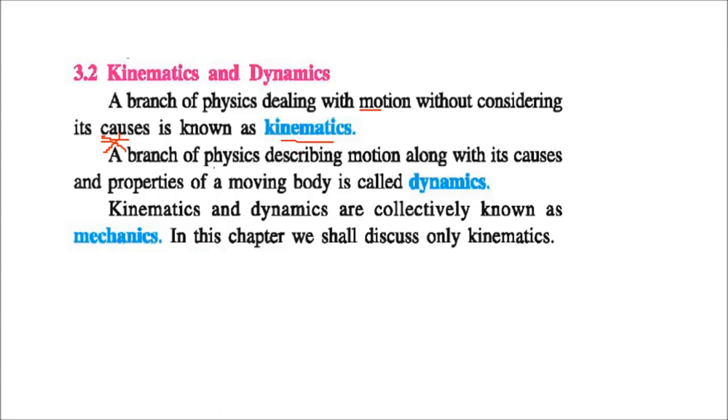But that branch of science which describes the motion of something moving, and along with it the causes and properties of a moving body are also investigated, is known as dynamics. Kinematics and dynamics are combined, and collectively they are known as mechanics. So in this chapter we'll discuss only kinematics.